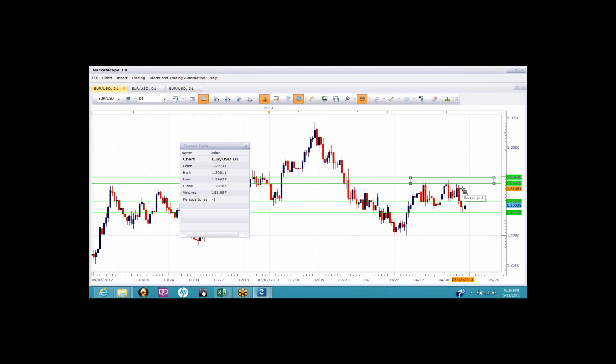Since it's retracing to the upside, first you need to find the last low. Right. Okay, great. And then the last high of the trend. Where is the last high of the trend? Is that the last high of the trend? Oh, of the current trend.